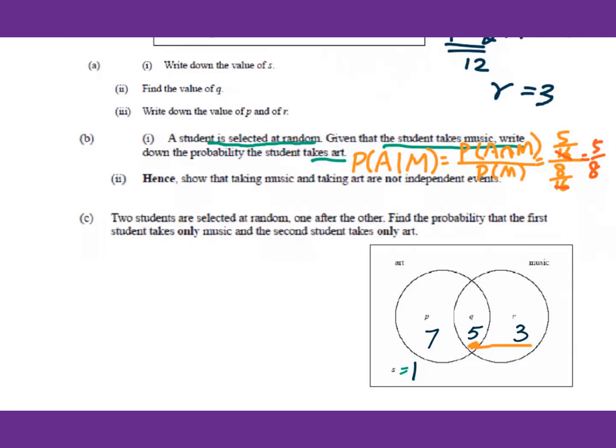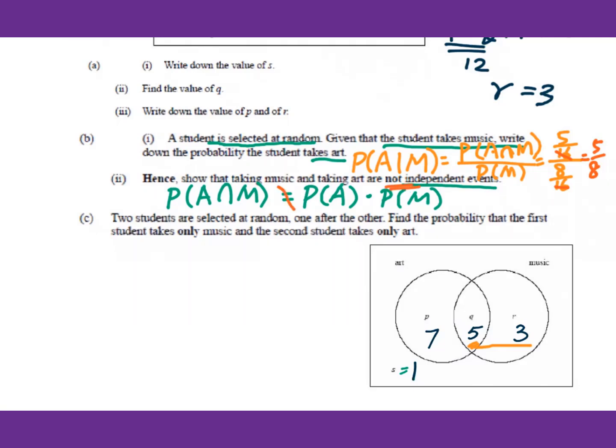Hence, show that taking music and taking art are not independent events. For independent events, we need to show that the probability of A intersect M equals the probability of A times the probability of M. Not independent means not equal to.